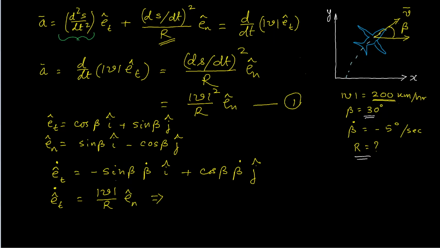I'll put the values here: beta is 30 degrees, and beta dot is negative 5 degrees per second, but we have to put it in radians.